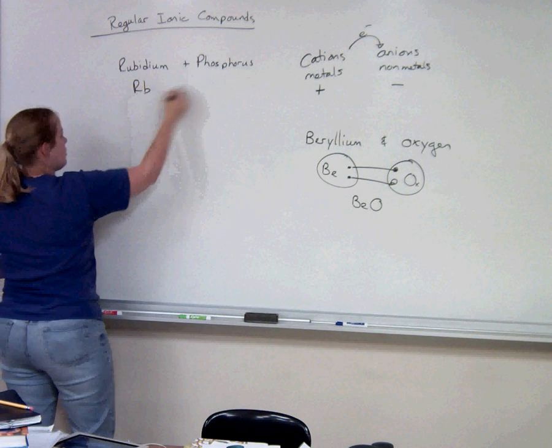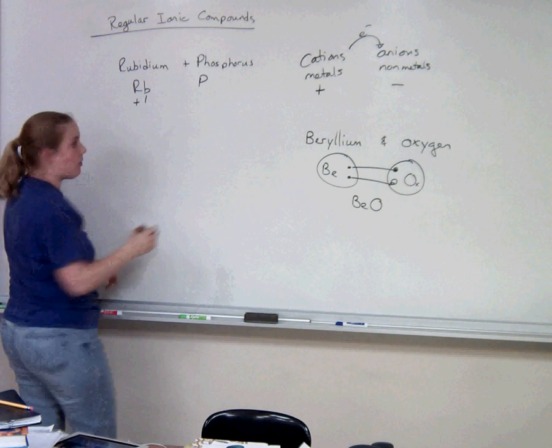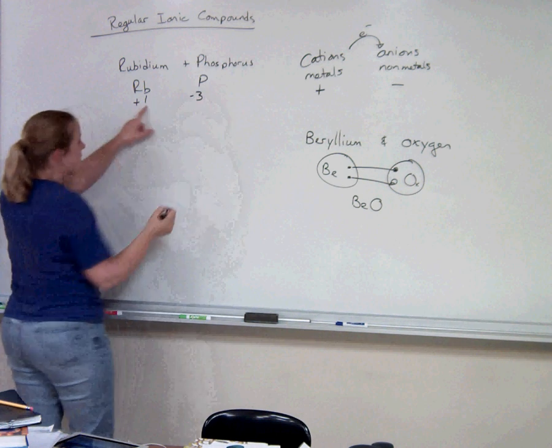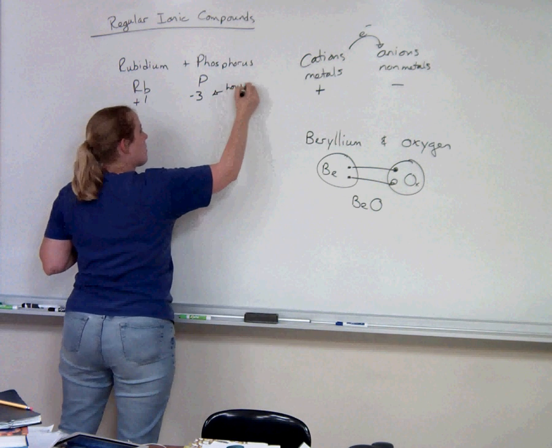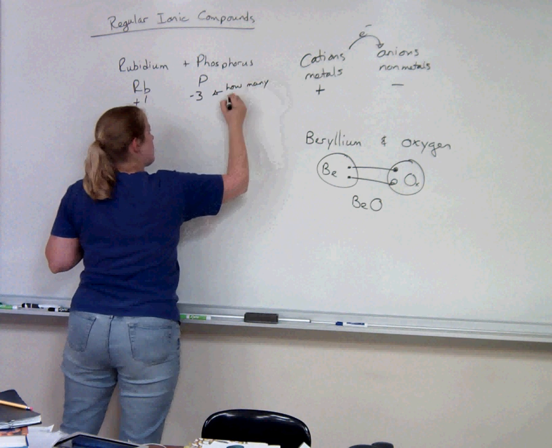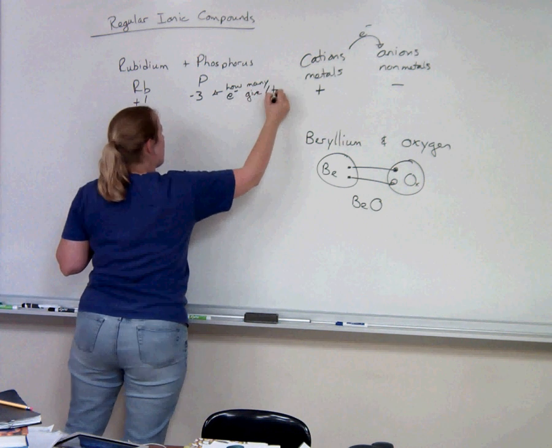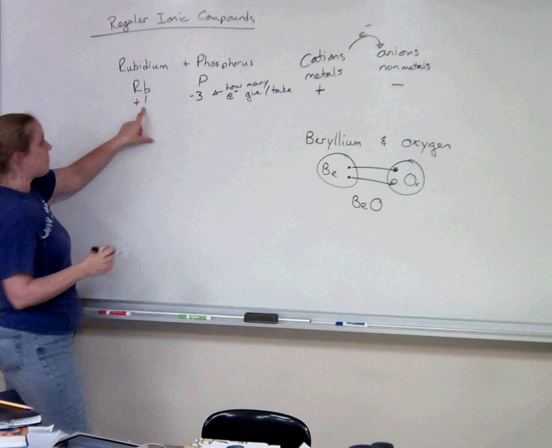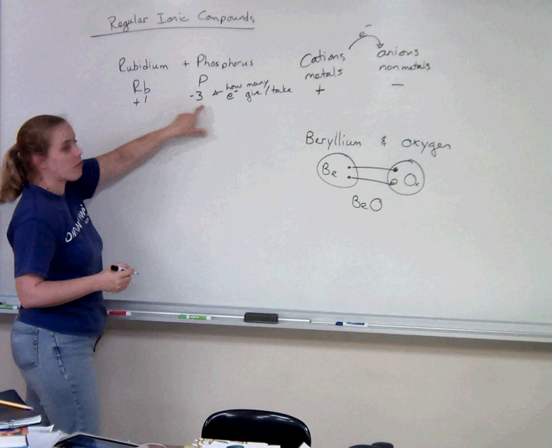We can just write the charge below it, +1, -3. This indicates how many electrons to give or take. So this tells me that rubidium wants to give 1, and phosphorus wants to take 3.